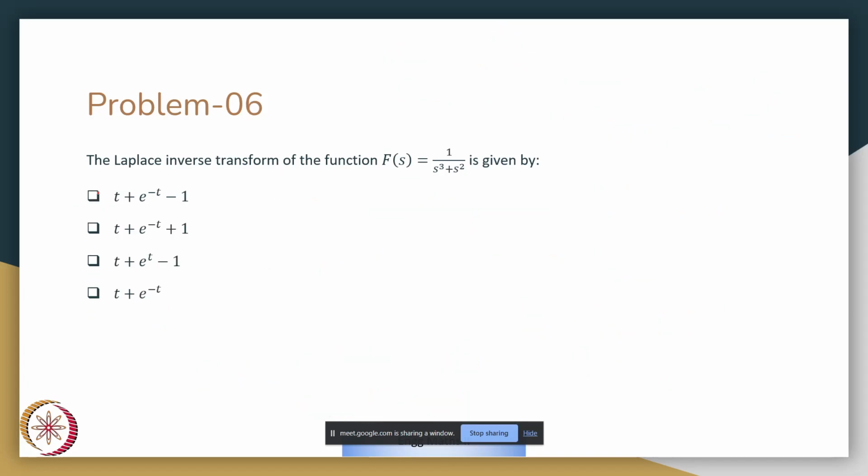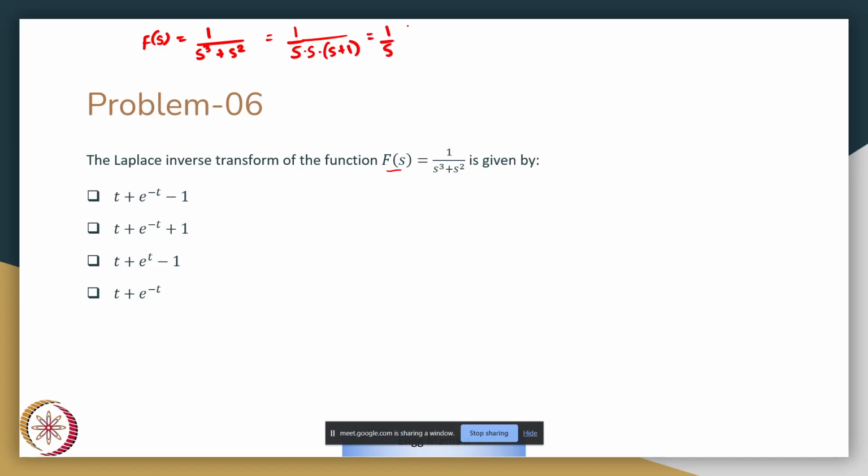Next we look at the inverse transform for a different function, 1 upon s cube plus s square. Again we have to do partial fractions. So I have F of s equal to 1 upon s cube plus s square, which is nothing but 1 by s square into s plus 1.